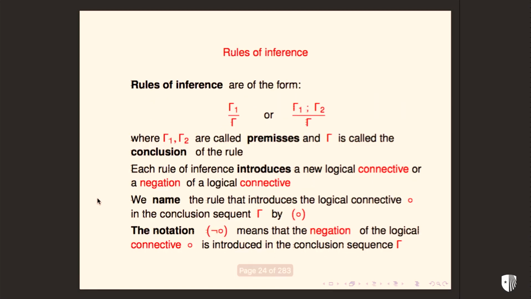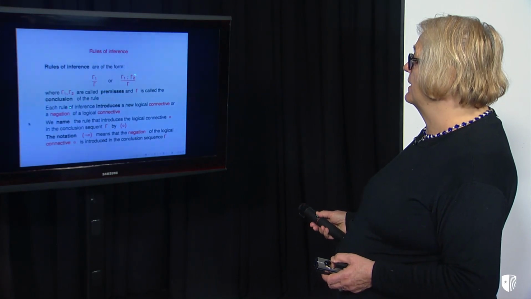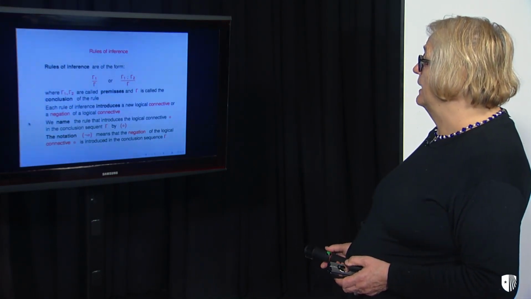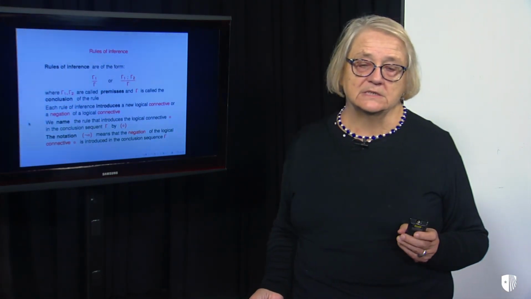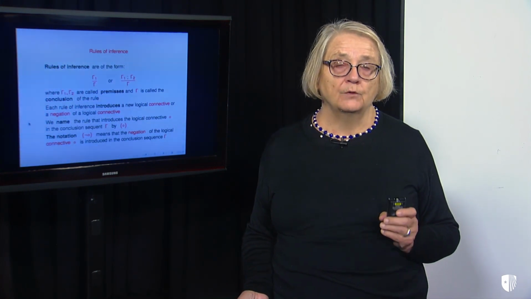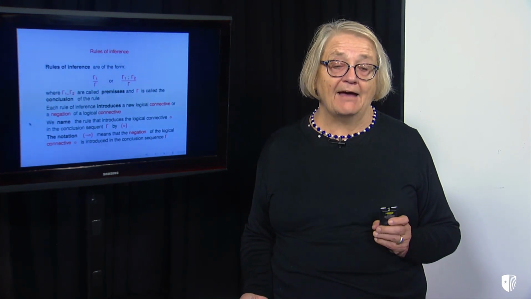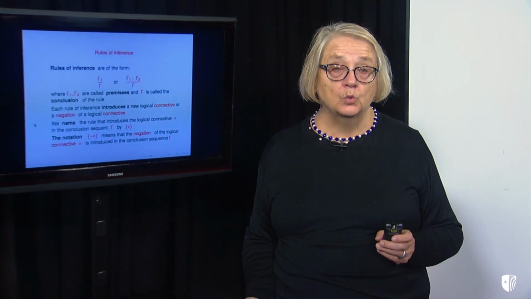And so that is our extension of the semantics. And we have two types of rules of inference. One type is a one premise rule: you have a certain sequence, you deduce another one. And there is a two premises rule. Now, in those systems, those rules of inference are very special rules.